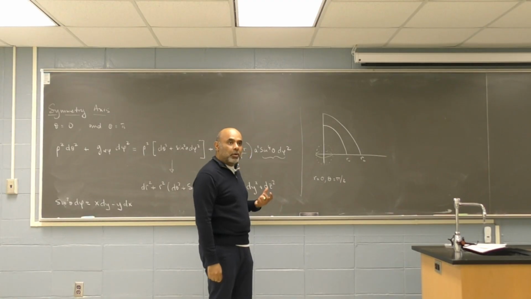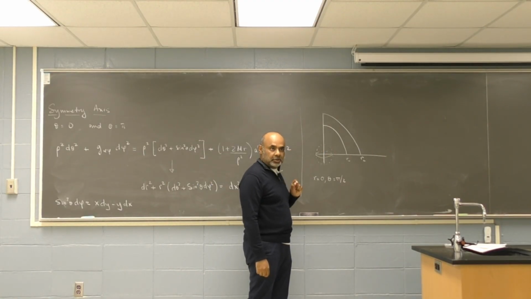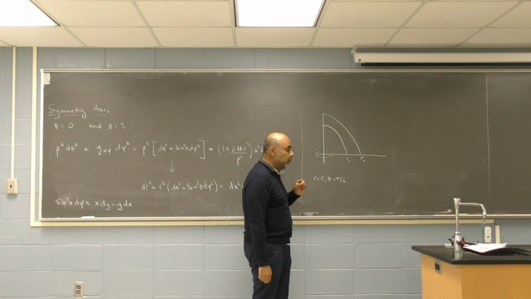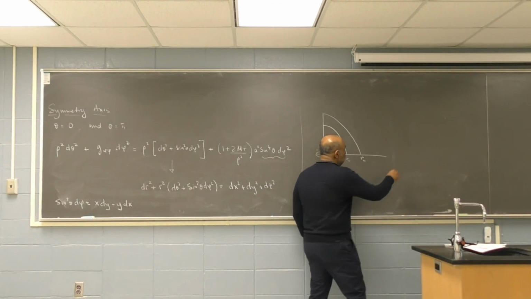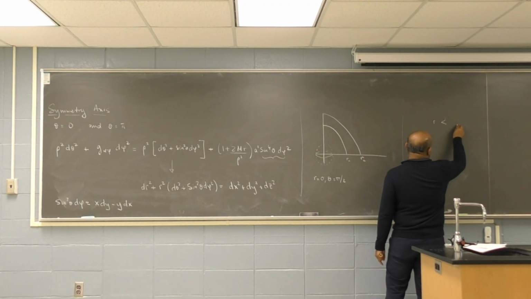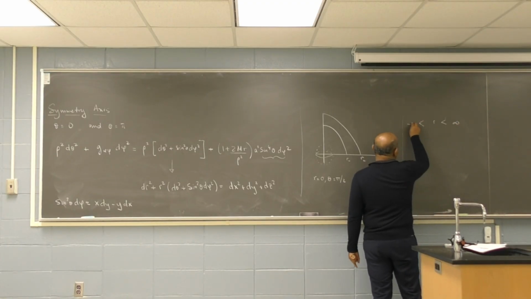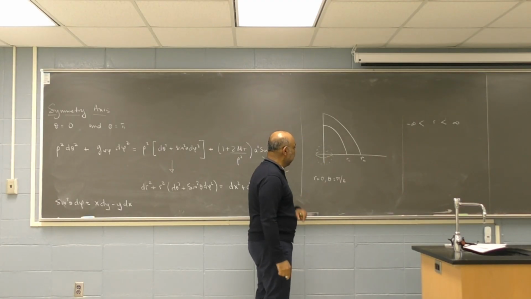Okay, so now because there's no problem over here, we'll extend the space-time to negative values of r. So now what we'll do is allow for r to go from minus infinity to infinity. As a matter of fact, O'Neill has a nice way of looking at this.